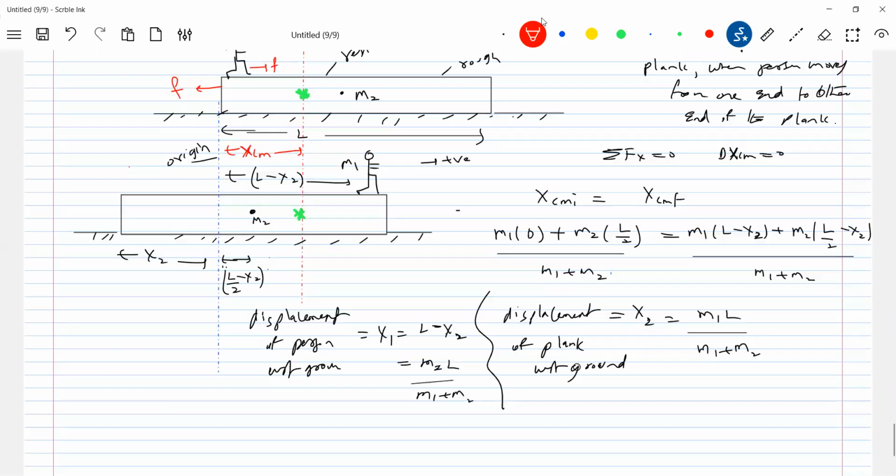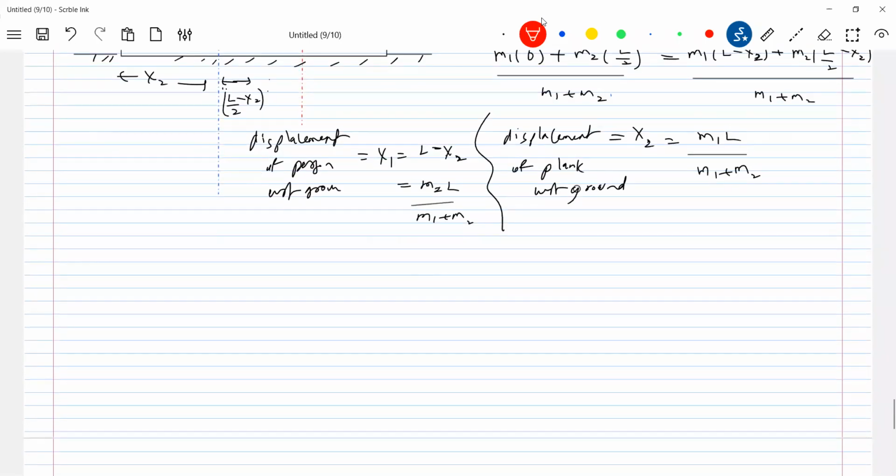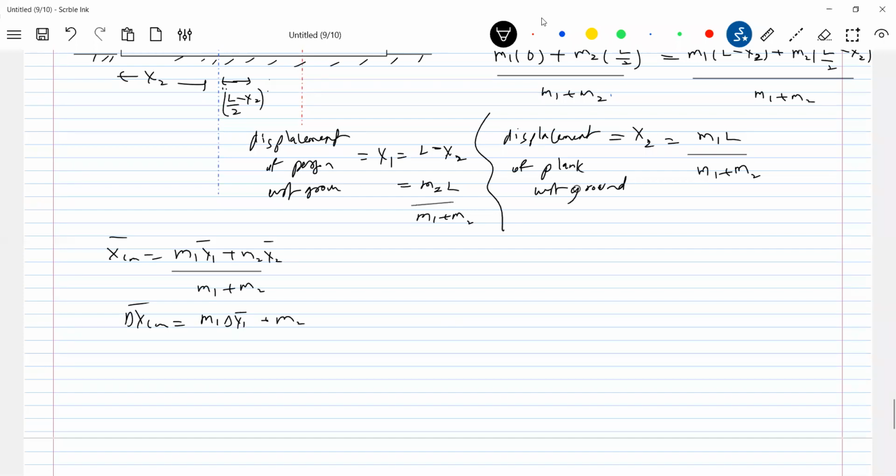So what is the other approach? We know XCM equal to m1x1 plus m2x2 by m1 plus m2. Delta XCM equals m1 delta x1 plus m2 delta x2 by m1 plus m2.